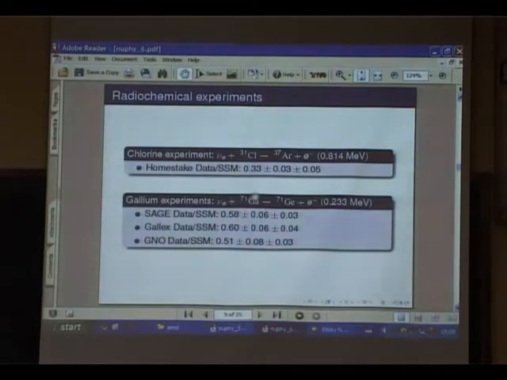When they interact with gallium, they form germanium. This germanium is radioactive, so it decays, and you count the number of germanium atoms. So a very similar method. These are not online experiments, they are also called offline experiments. You run them for 1 month, take the fluid away somewhere, and you count the number of atoms. The energy threshold here is much lower, 0.233 MeV, so they can actually also measure the pp neutrinos.